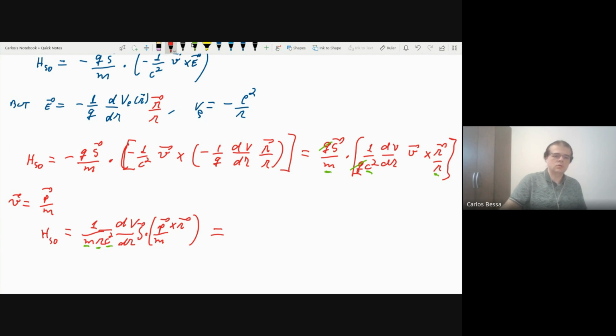So in the end, we'll find 1 over m squared c squared r, dV dr, S scalar, p cross r, which is the definition of the angular momentum.